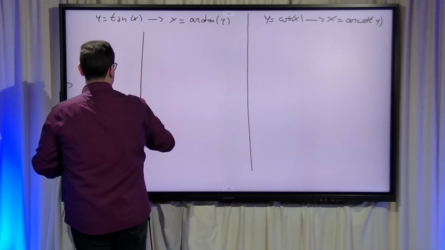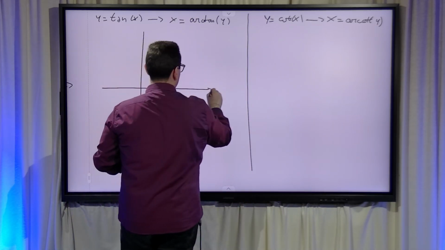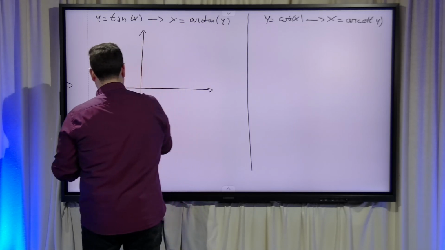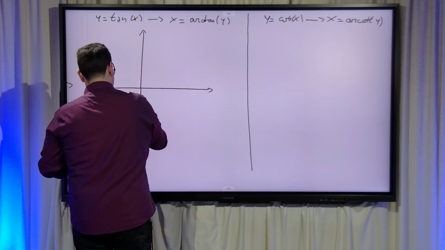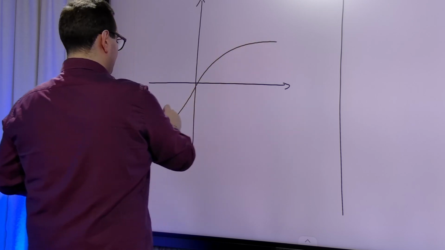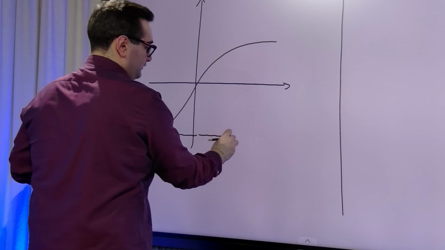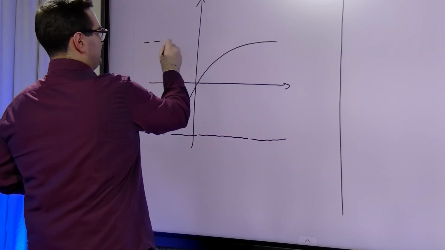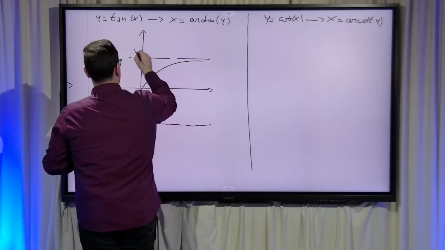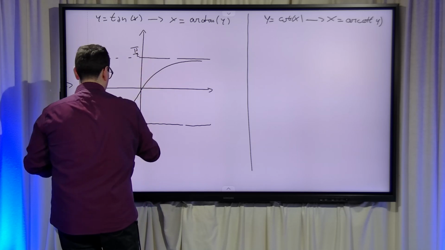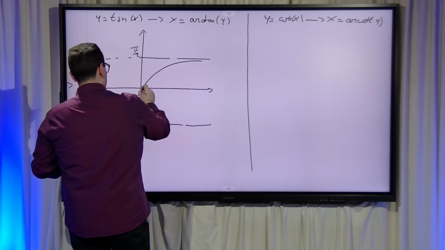I'm going to draw just the arctangent, that is the restriction in this interval, and I have asymptotes in half pi and minus half pi. Okay.